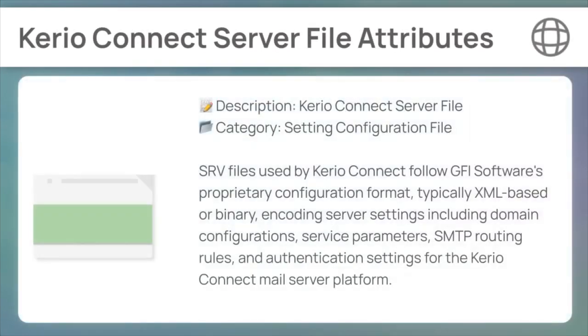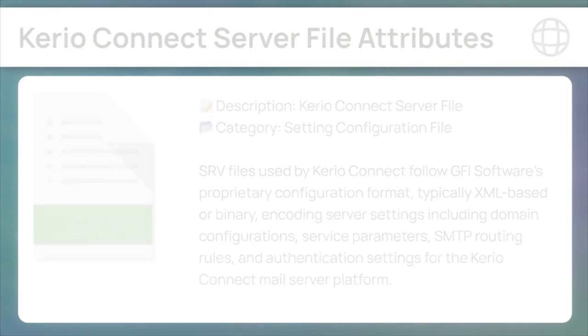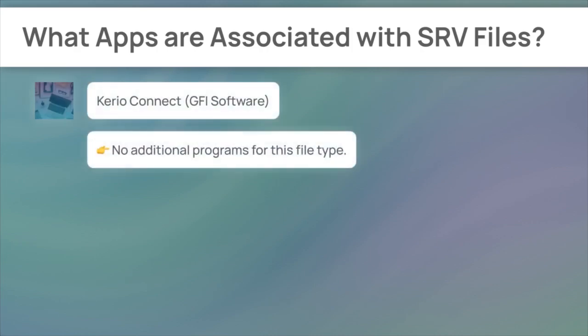SRV files used by Kerio Connect follow GFI Software's proprietary configuration format, typically XML-based or binary, encoding server settings including domain configurations, service parameters, SMTP routing rules, and authentication settings for the Kerio Connect mail server platform. The SRV file originated with and is formally handled by Kerio Connect, developed by GFI Software.